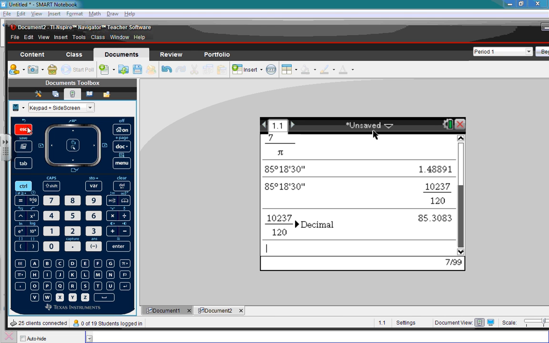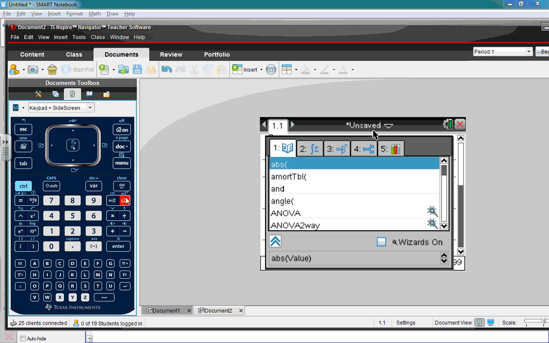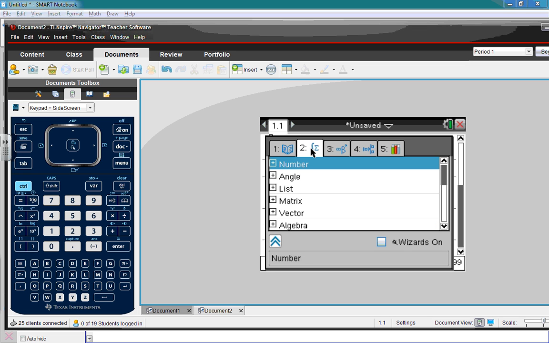Now, the next set of instructions asks you to convert it from decimal degrees to degrees, minutes, and seconds. So what you're now going to do, are you ready? Hit the book beside the 9 key, two keys to the right of 9. Is everybody in the book? This is what you should have in the book. Hit 2. Do you see how you have different menus up here?